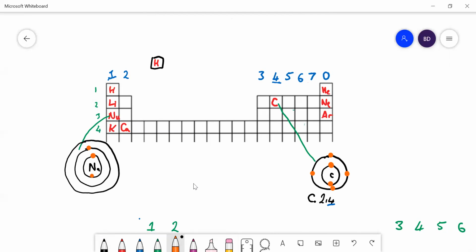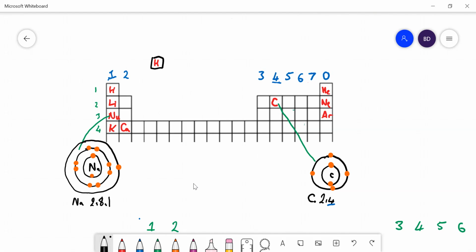The second shell, 8, which takes us up to 10. Sodium's atomic number 11, that means 11 electrons it's got. So there you go, it's got 1 in the outer shell. So sodium, Na, we write down as 2, 8, 1. And we can see, yes, it is in group 1 of the periodic table.